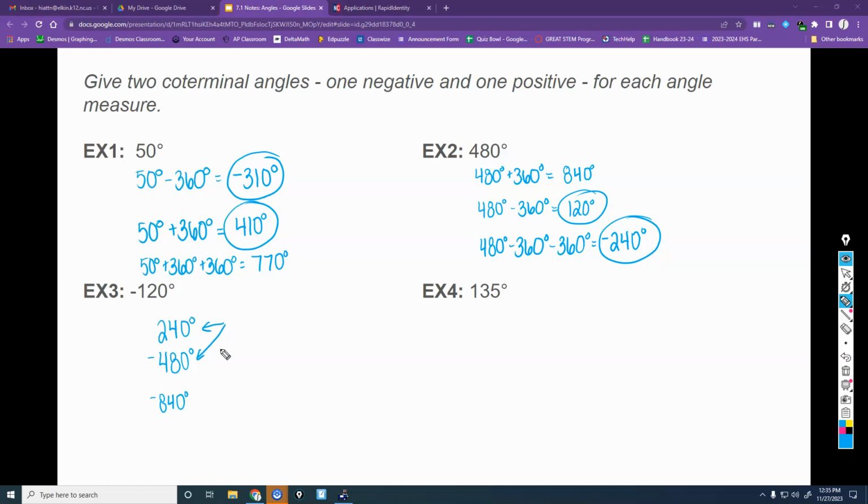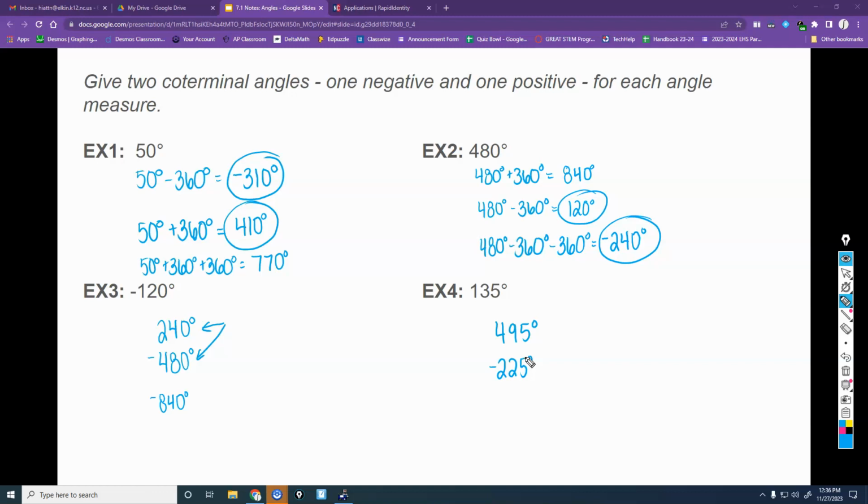All right. Let's see. Lily, what about number 4? 495 sounds great. That's if you do 135 plus 360. Rylan, what'd you get for your negative one? Perfect. Negative 225. You just got to do 135 minus 360 there.